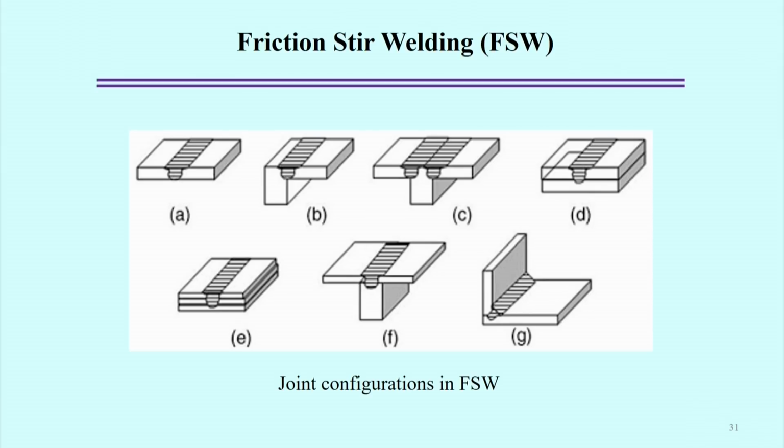If we look into figure D, that is also a lap joint configuration. So, two metallic materials can be joined using the lap joint configuration.